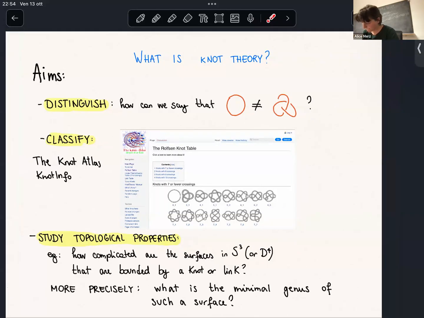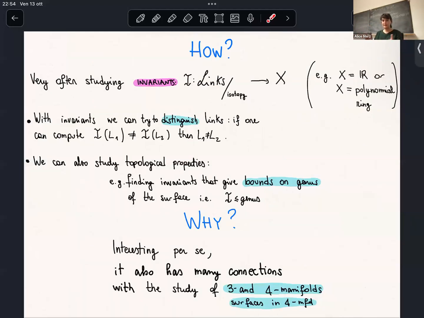So let's see how we deal with these problems in knot theory. Very often, we do everything by studying some invariants. Invariants are nothing more than functions from the set of all links up to isotopy into one set, could be any set, but most of the time you have some algebraic structure. For example, it could be X equal to R or X equal to some polynomial ring. And we see that with invariants, if they're easy to compute, we can distinguish links.